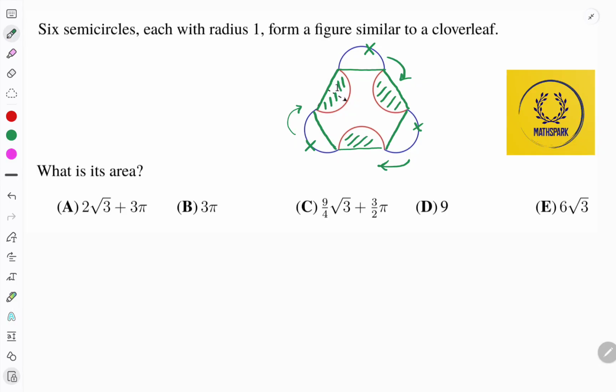So I'm gonna draw this here. Okay, so instead of finding the area of this clover leaf, I'm gonna find the area of this regular hexagon.